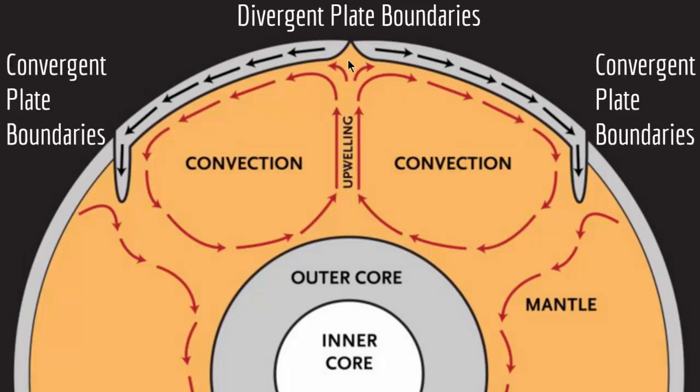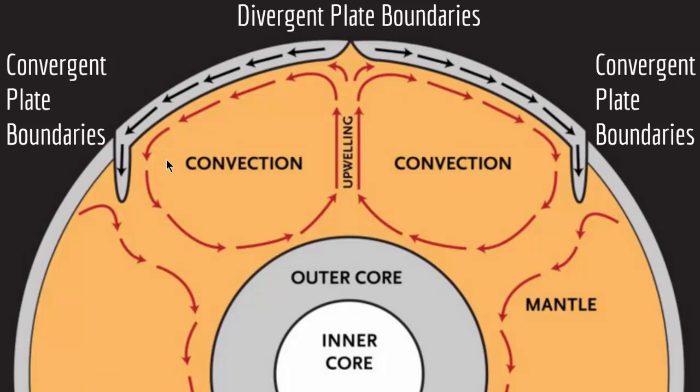In convergent plate boundaries, you have old plates sinking down and dying basically, because when they go to the mantle, they disappear and they melt. So divergent plate boundaries are the birth of new plate material. In this area are destruction or death of old plate materials or old crust materials.